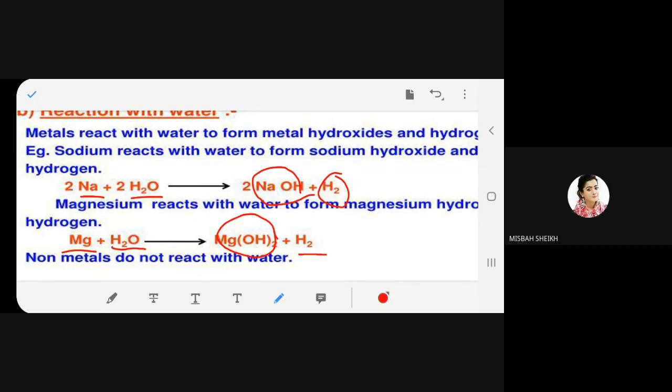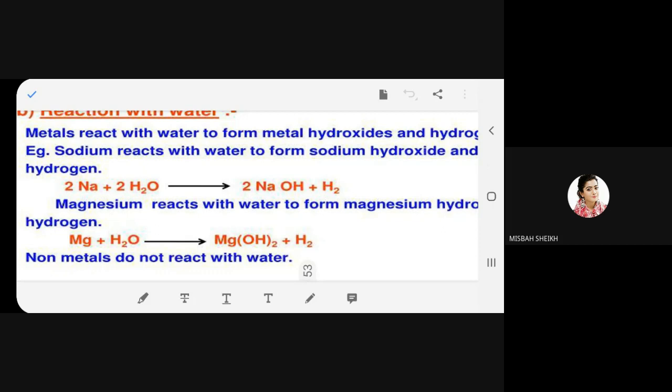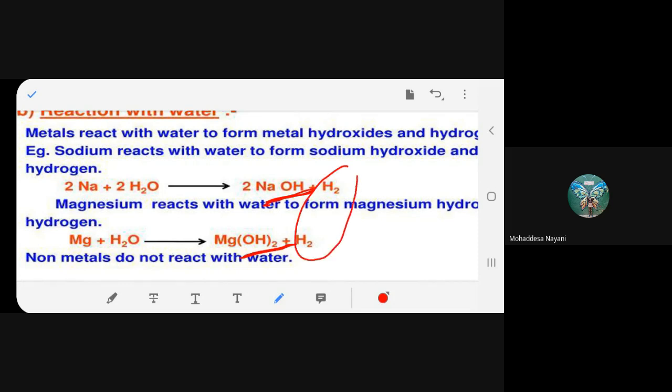Yes, ma'am. So these are the metals reacting with water. So what exactly are we getting? Hydroxide and hydrogen. Is it clear? Yes, ma'am. Same way, sodium is 2, right?